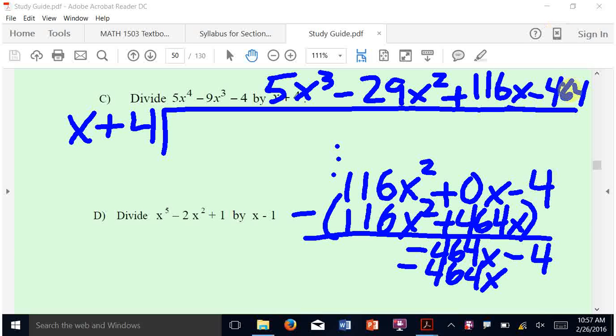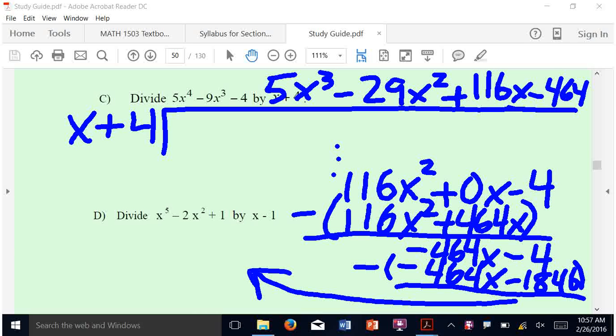Negative 464 times 4 is minus 1856. Okay, and then subtract the whole quantity, and then you're going to get positive 1856 minus 4. So that'll end up being 1852. Okay, and this is our remainder.